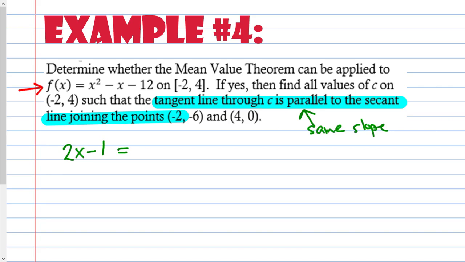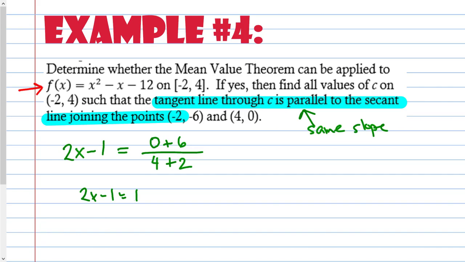And now what I'm going to find is the slope of the secant line, the good old-fashioned way. So 0 minus negative 6, over 4 minus negative 2. And so I get 2x minus 1 equals 6 over 6, which is 1.